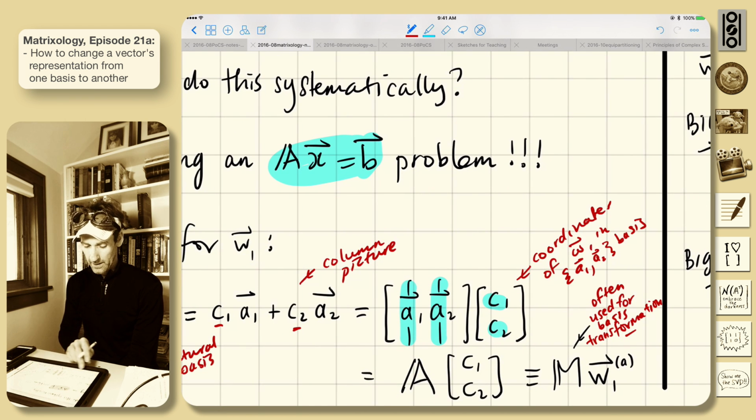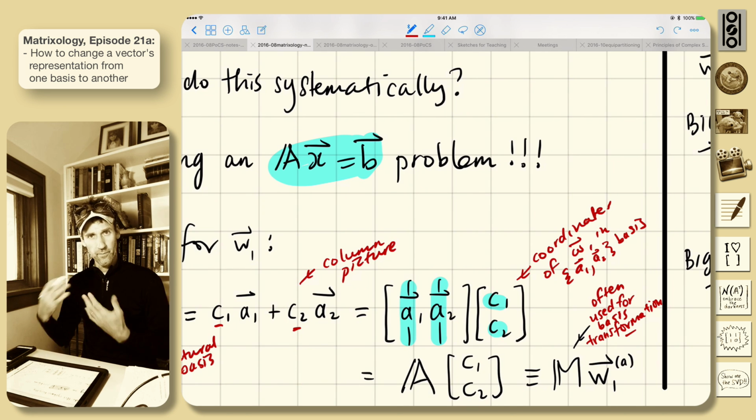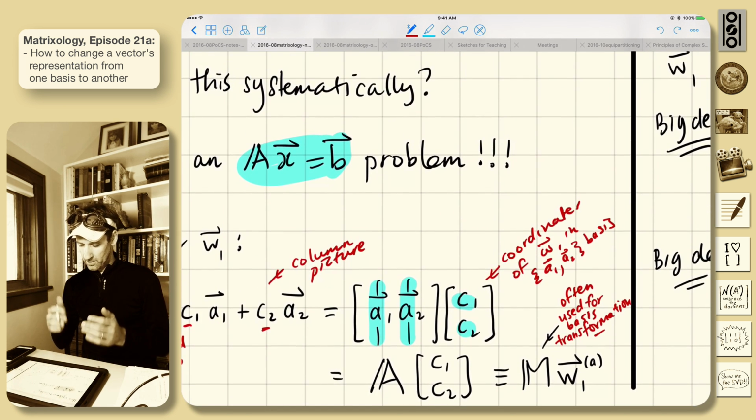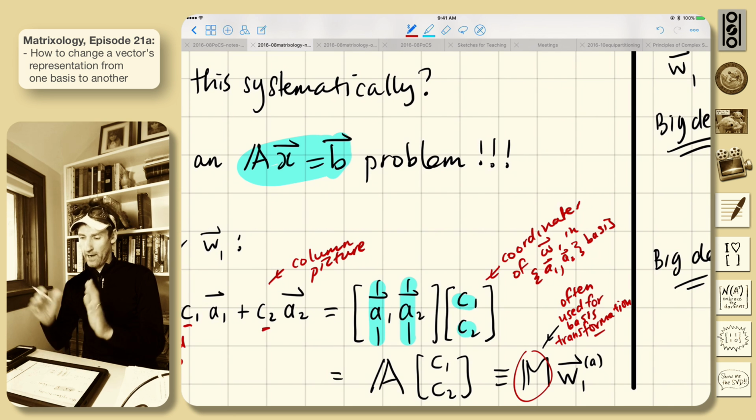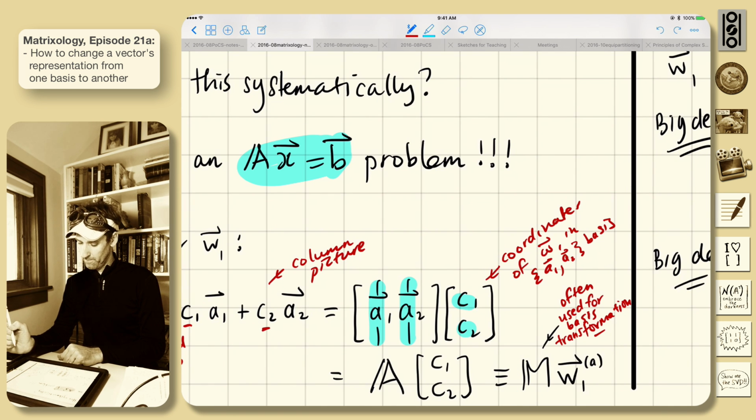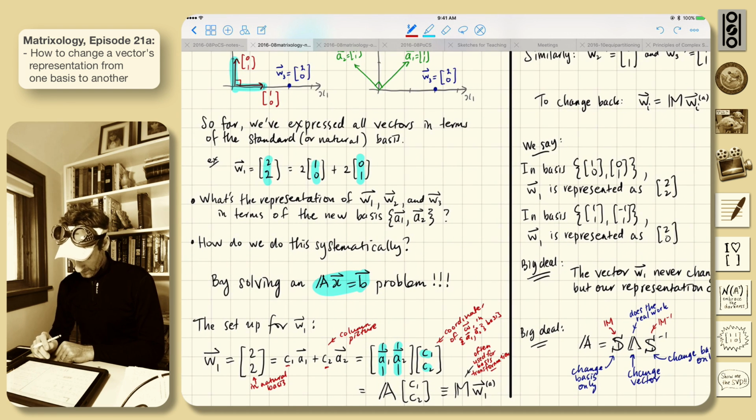It says I need this much of A1 and this much of A2, if you like. So this is some matrix times c1, c2, and for basis transformations, we usually write M. M will be our matrix there. And I'll put a little subscript A just to suggest this is a basis.